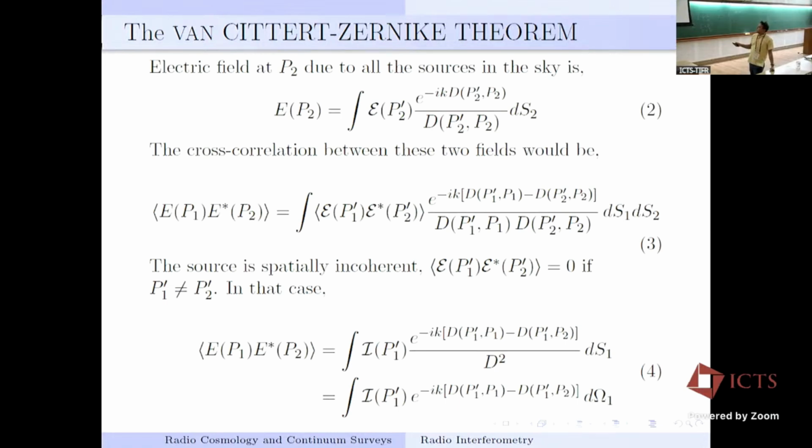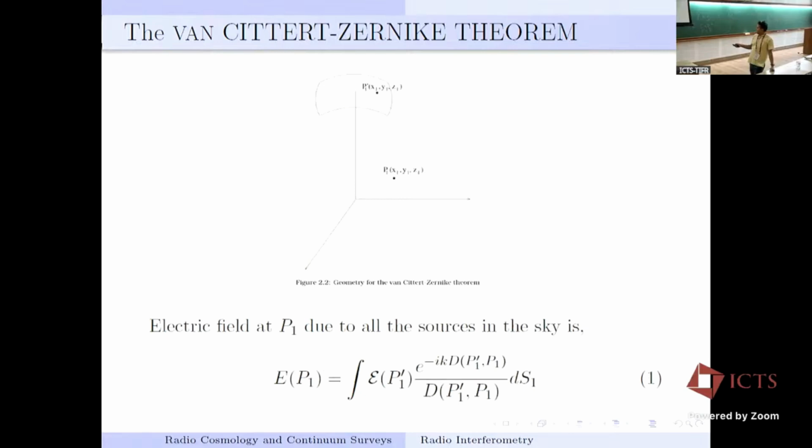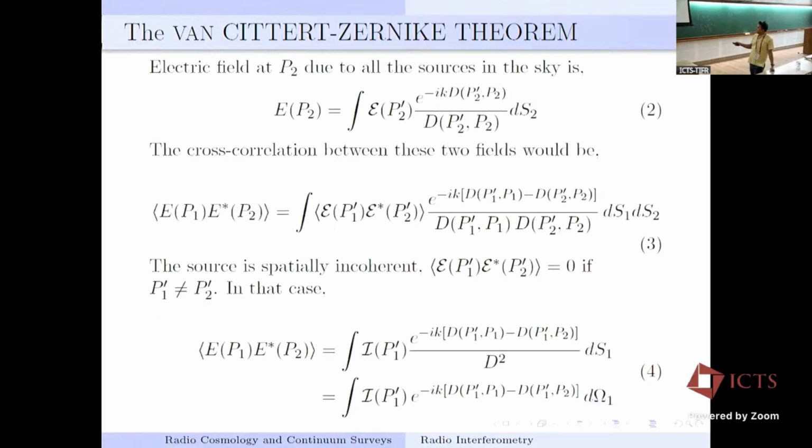So this is E of P1 prime times E star of P2 prime. For P1 it is E of P1 prime, for antenna 2 you will get E of P2 prime, with a star. And then you will have this e^(iKD) for P1 prime to P1, and another D for P2 prime to P2. It might look a little clumsy, but if you take a look, it is actually not a big deal.